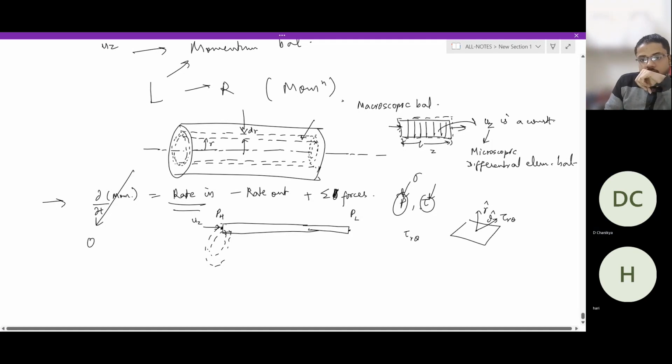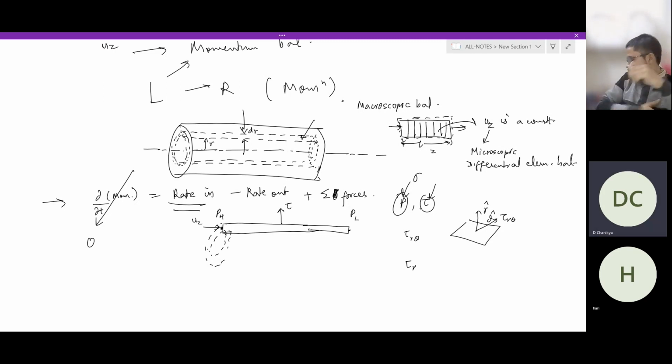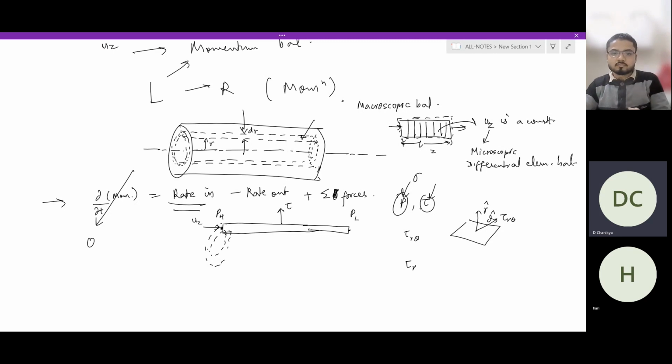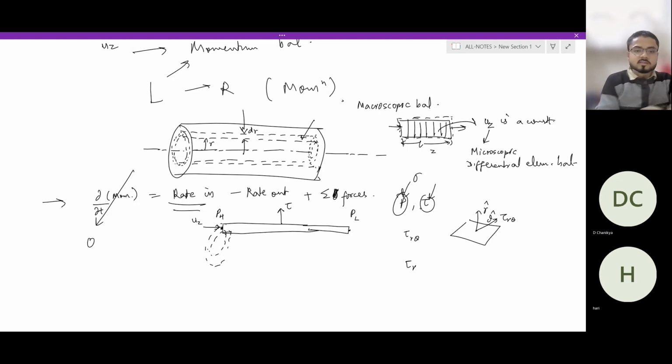So what do you think? Which component would this be? If I want to write this, what type of tau would this be? Can you think about this? Tau rz. That's excellent.